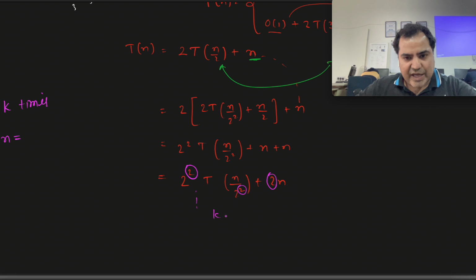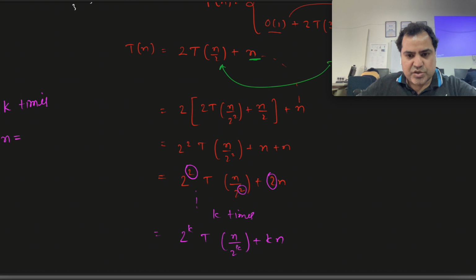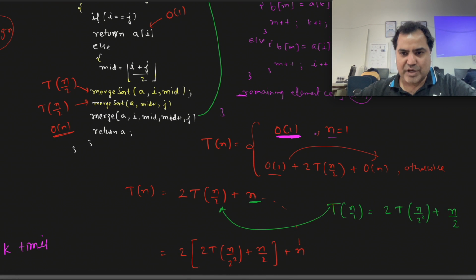If we run it k times, it will look like 2 raised to power k T(n/2 raised to power k) plus k times n. So if after k times it got terminated, that means this thing became 1, because T(1) is 1 only.